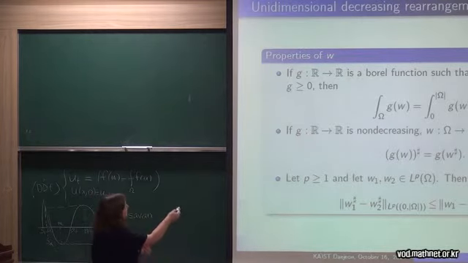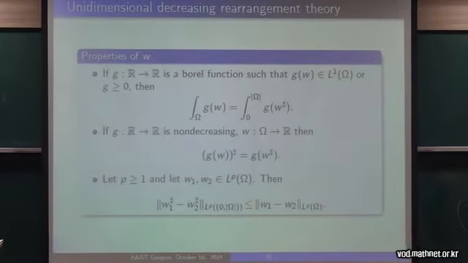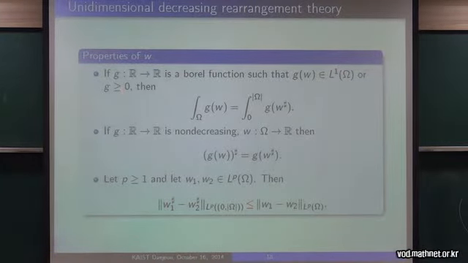So, for instance, you have that if G of W is in L1, or if G is non-negative, then the integral stays preserved by the monotone rearrangement. That is to say that the integral of G of W on omega is equal to the integral from 0 to measure of omega of G of W sharp. Then, if G is non-decreasing, we will have that the monotone rearrangement of G of W equals G of the monotone rearrangement of W.